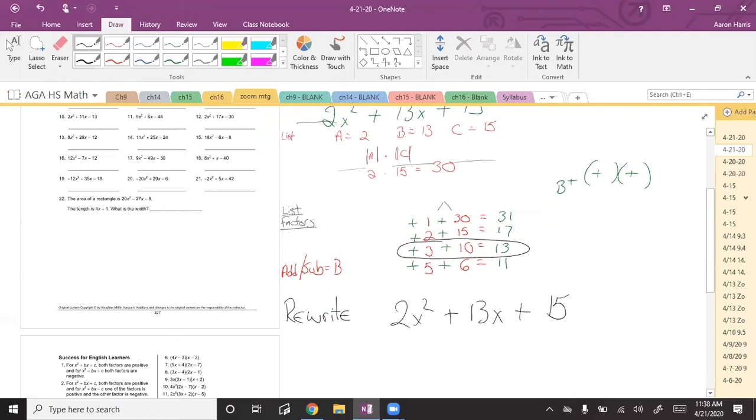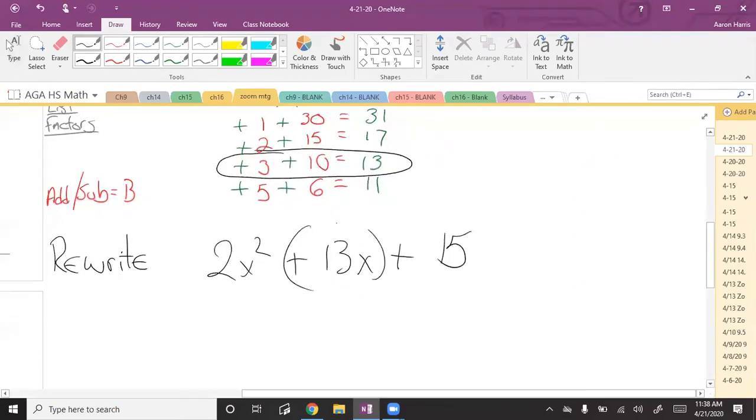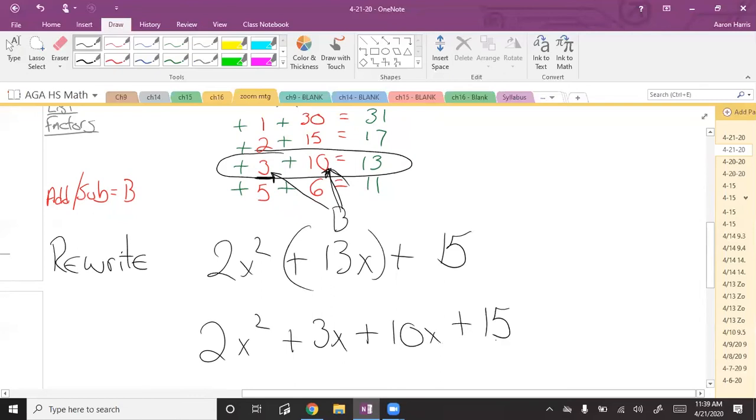We are going to rewrite this B, splitting it into this 3 and this 10. So rewrite it: 2x squared plus 3x, plus 10x, plus 15.